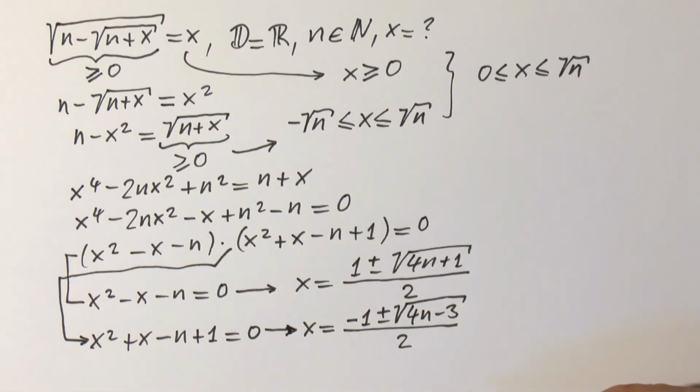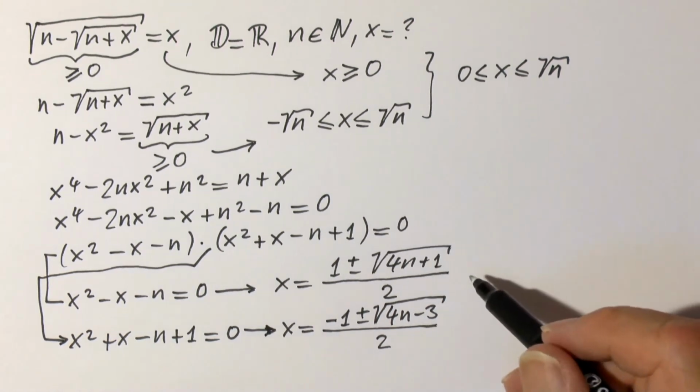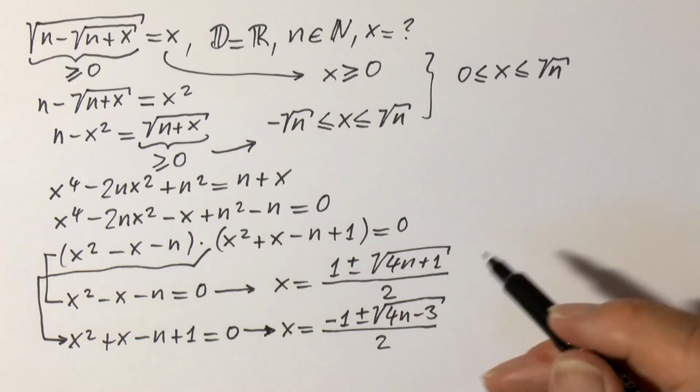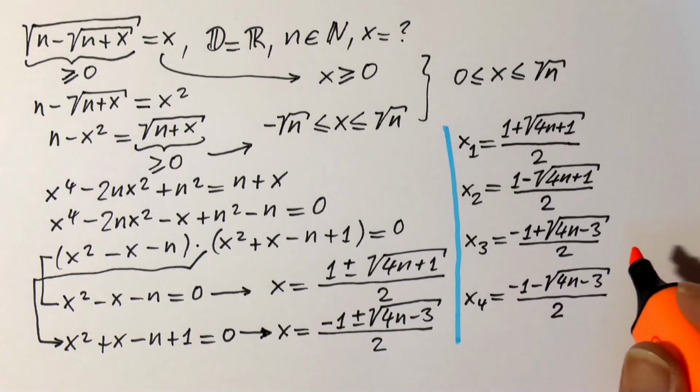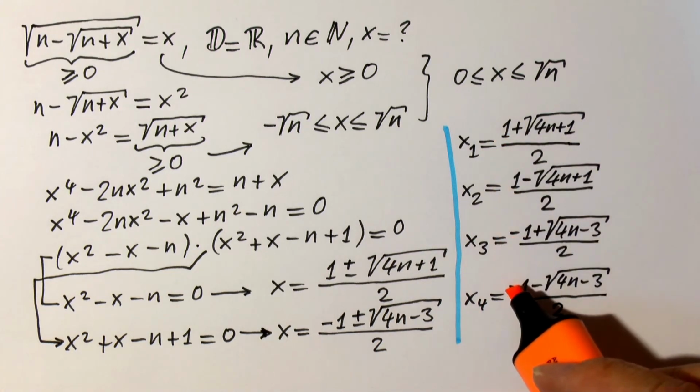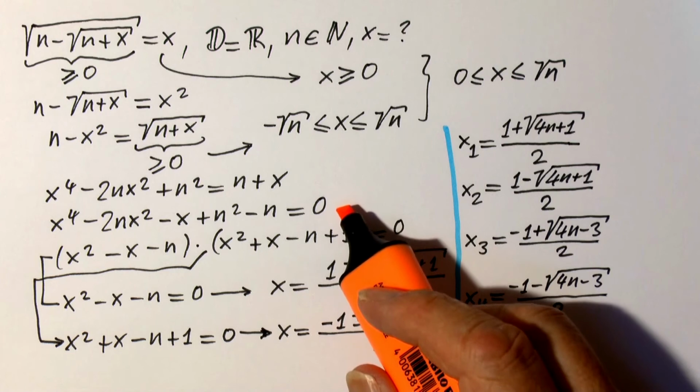Okay. Now I will list these 4 solutions. x1, x2, x3 and x4 are solutions to this quartic equation.